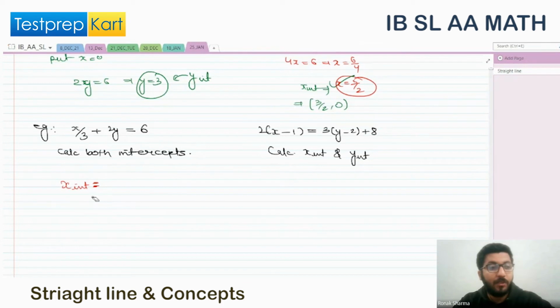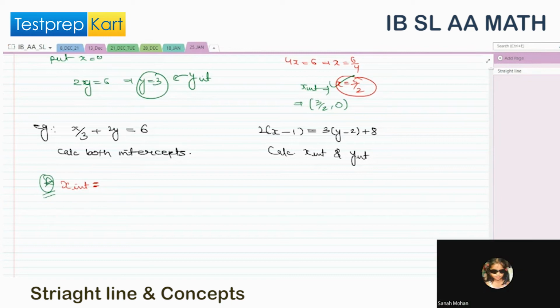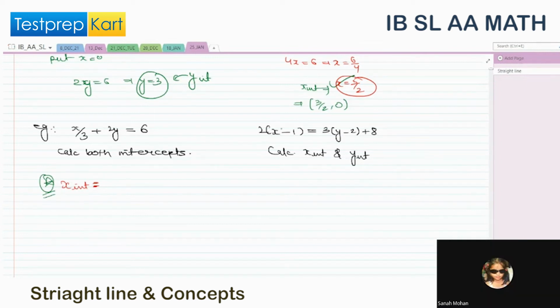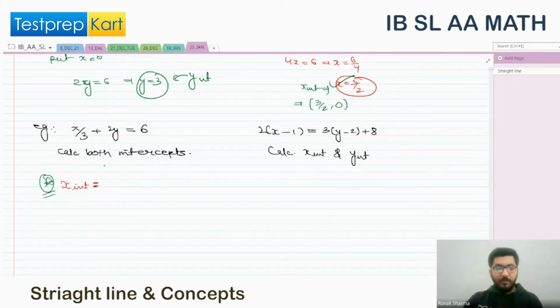I'm directly asking what is the value of the x-intercept. What answer are you going to give me? No, that's just... What is the x-intercept? It is the value of x when y is 0. So when y is 0, what are we getting as the value of x?